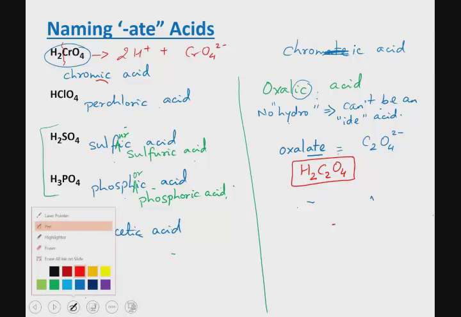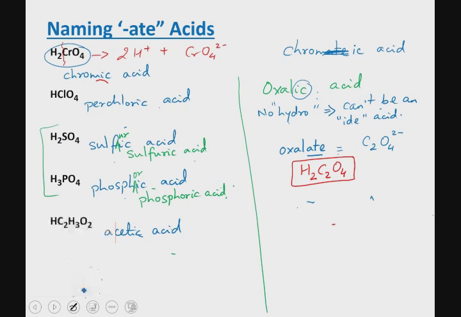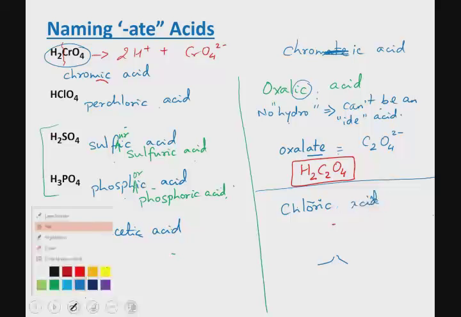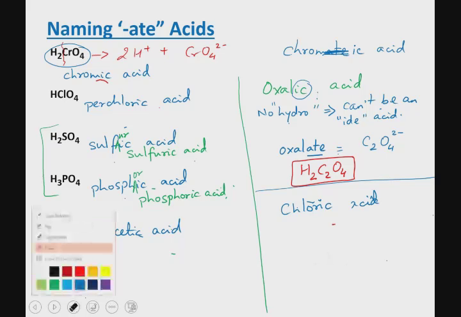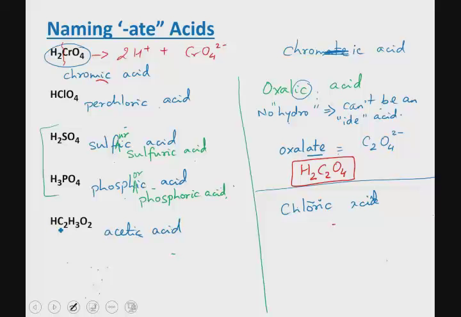Okay, let's try out one more to give you a clearer idea. How about chloric acid? Once again, note that there is no hydro and the fact that the name of the first word ends with an -ic.